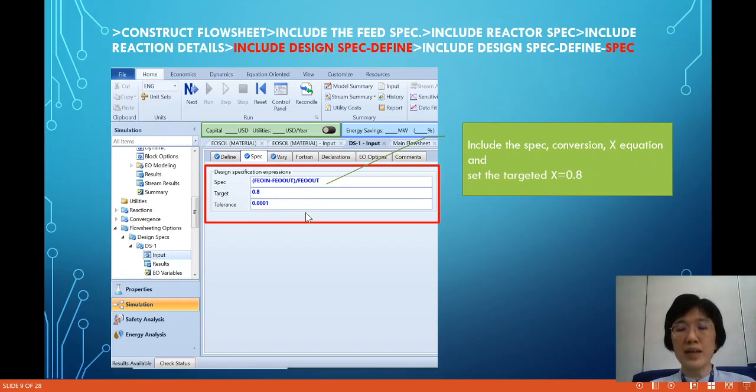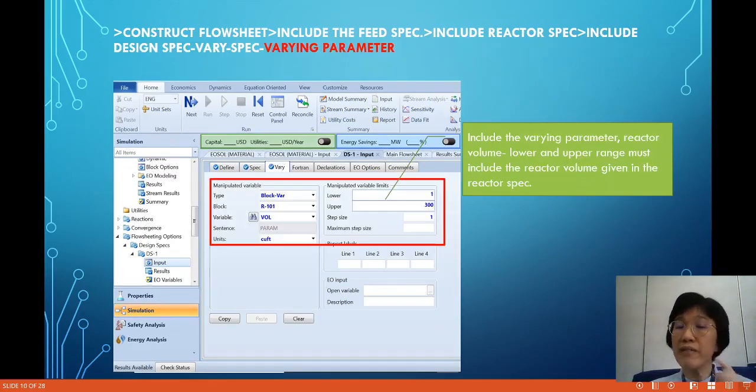So once you have done this, then we shift to varying parameter section. Here we have to vary the volume of the reactor from 1 to 300 feet cube, say. You can choose the unit as well. Here I have chosen feet cube, and I would like to vary from 1 to 300, and the step size is 1.